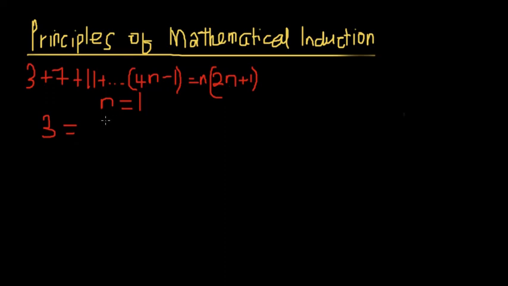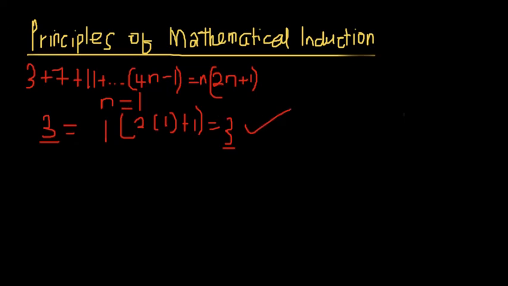So we have 1 times 2 multiplied by 1, plus 1. From this expression we can see that this gives us 3. It means that the left hand side is equal to the right hand side. This is a base case, so this is correct.